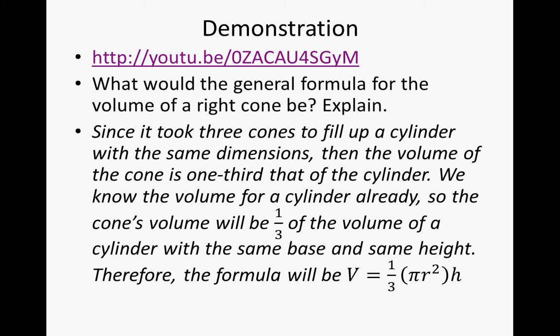Well, since it took 3 cones to fill up a cylinder with the same dimensions, then the volume of the cone is 1/3 that of the cylinder. We know the volume for a cylinder already, so the cone's volume will be 1/3 of the volume of a cylinder with the same base and same height. Therefore, the formula will be volume is equal to 1/3 times pi r squared times h.